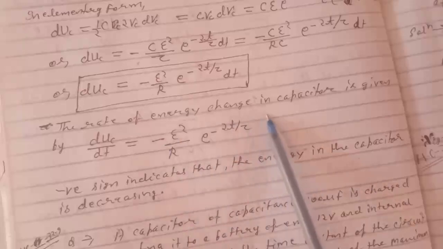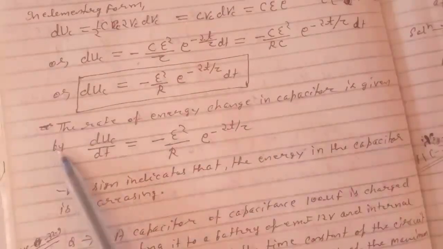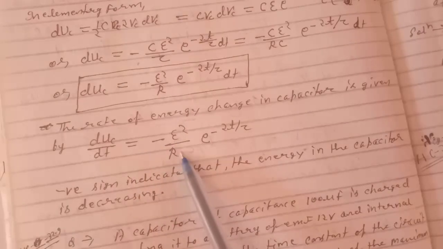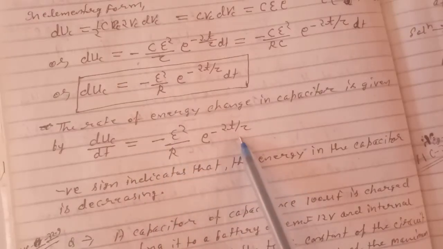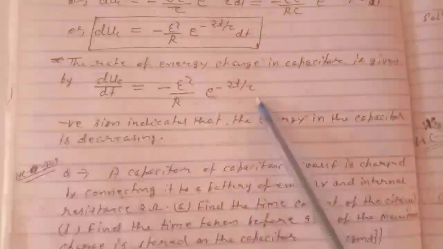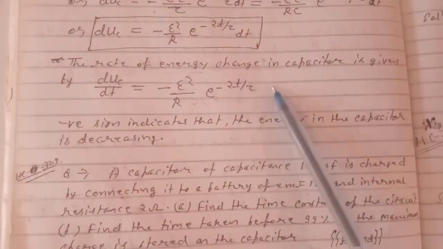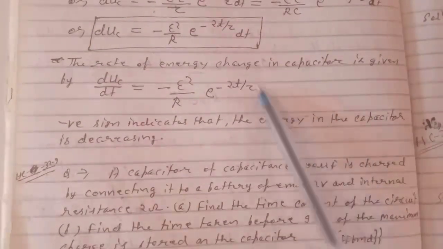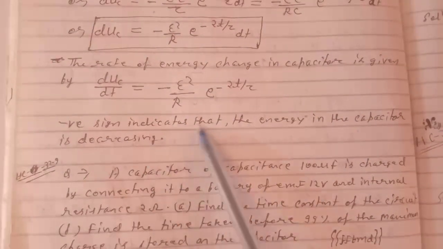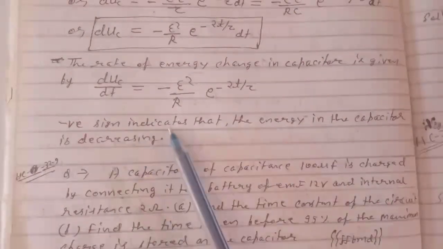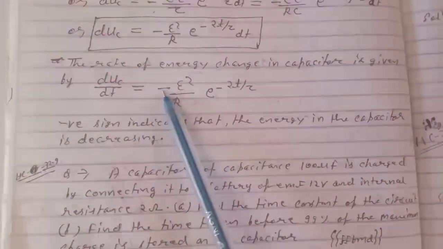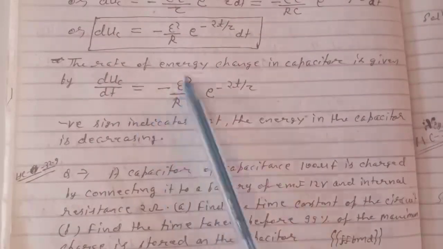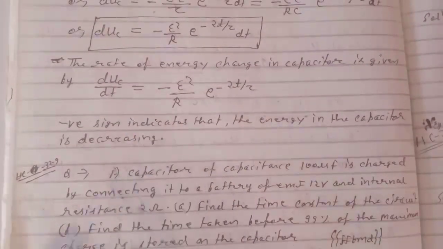Hence the rate of energy change in the capacitor is given by dUc by dt equal to minus E square by R e to the power minus 2t by tau. Negative sign indicates that the energy in the capacitor is decreasing. The negative sign only represents that the value is decreasing, and if we take the modulus value, then we remove the negative sign.